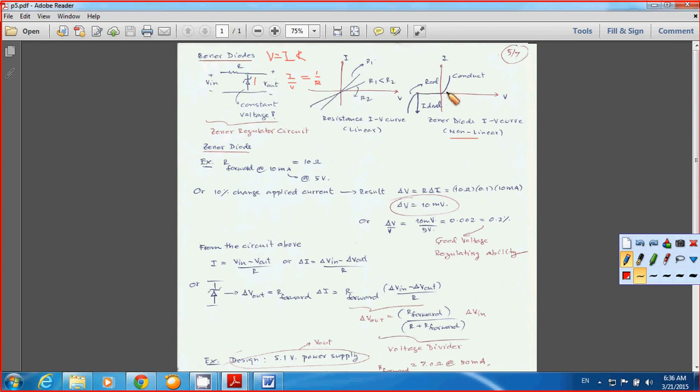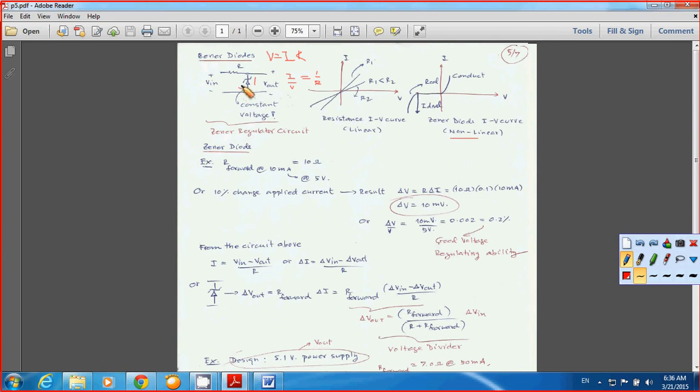At some point, when you are supplying voltage across the Zener diode, the diode starts conducting. So you have the curve increasing here, you have increasing current. This is what we call the forward bias.